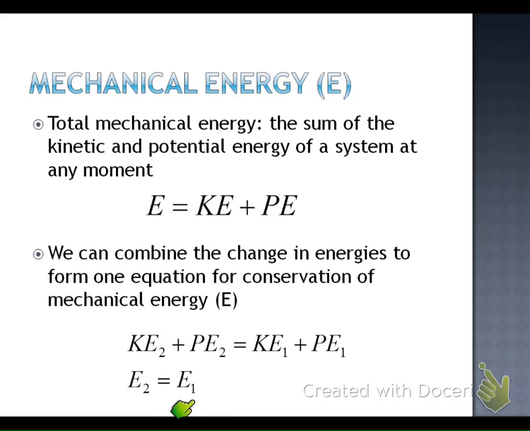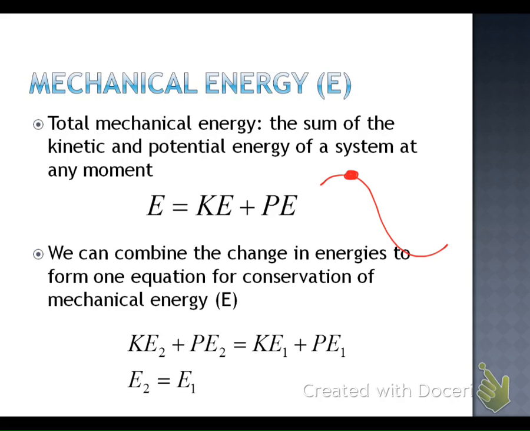Down here, the equation is showing the energy at two different points in a system. Your book likes to use roller coasters a lot as an example. So let's say we're on a roller coaster and our system starts here at its peak height at the top.